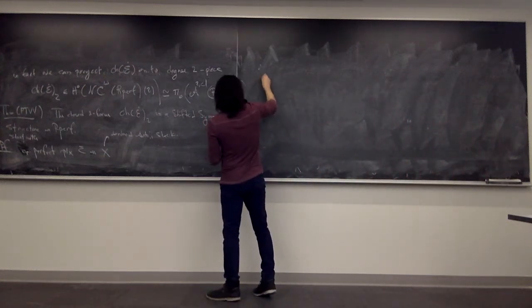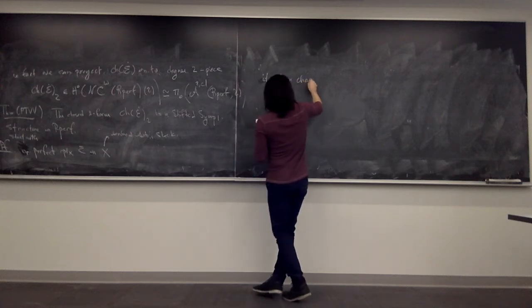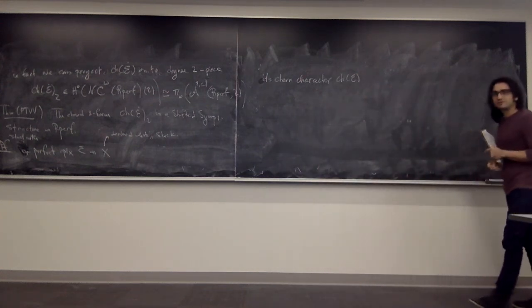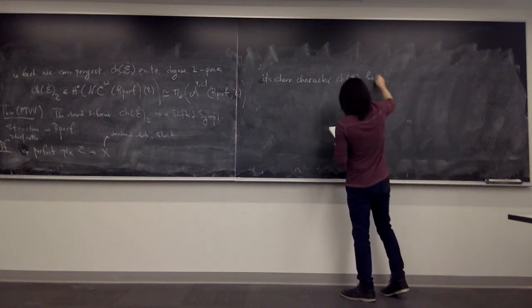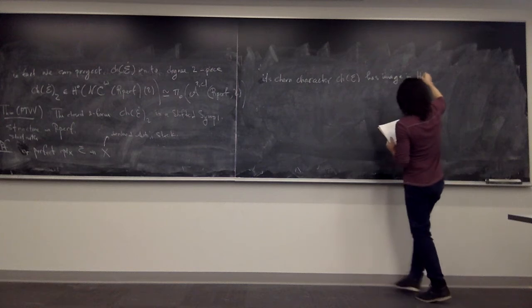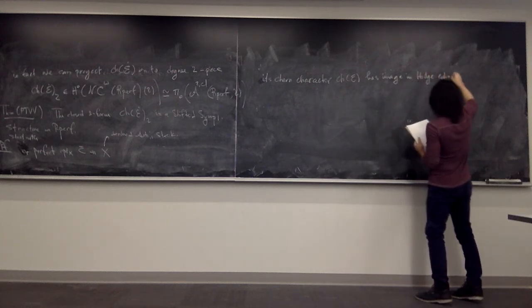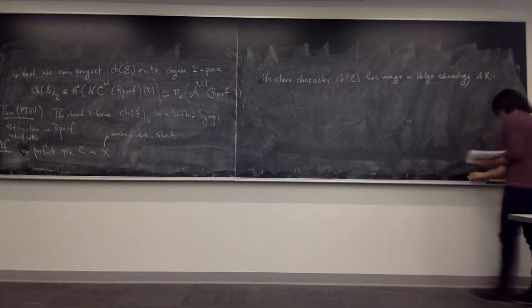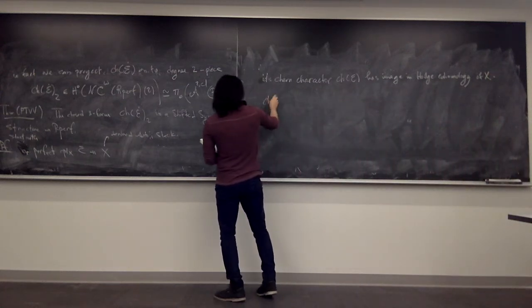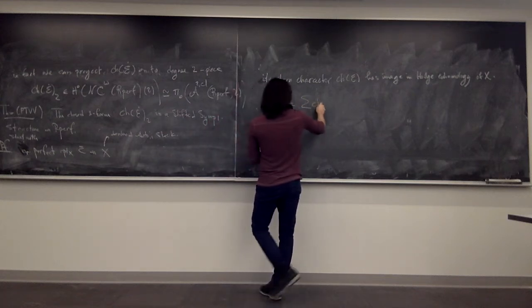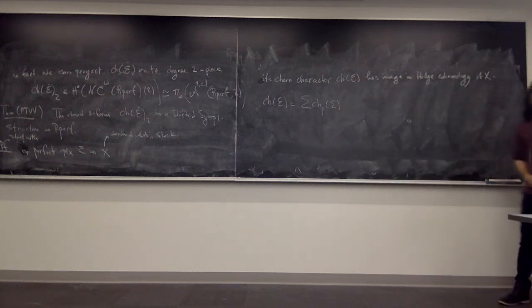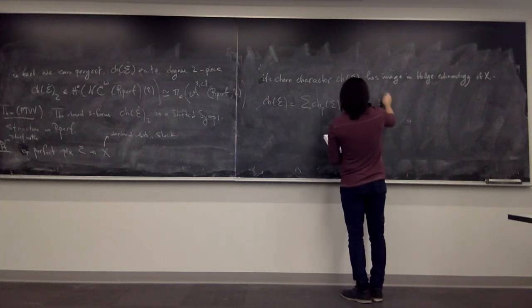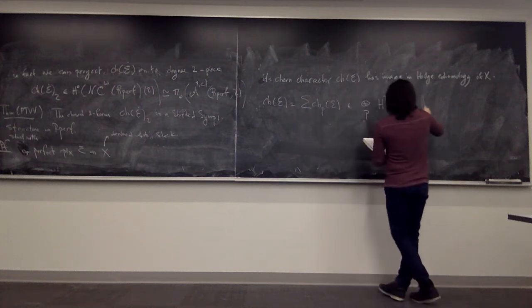Then its Chern character: Chern of E, where E is now a perfect complex on some derived Artin stack, has image in Hodge homology of X. So you can write down the Chern character of E as the sum of the pieces, all the Chern characters of different degree on E, which belongs to the sum over all p of H^p of X, lambda^p L dot of X.